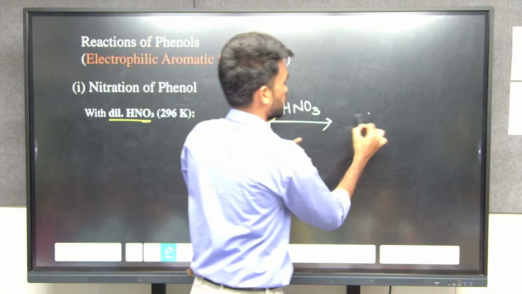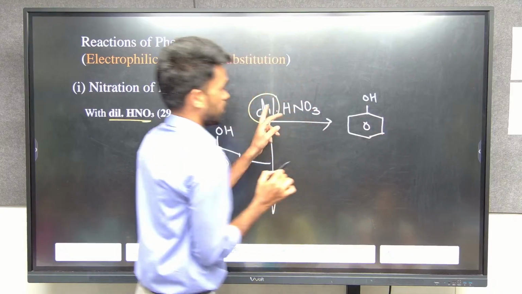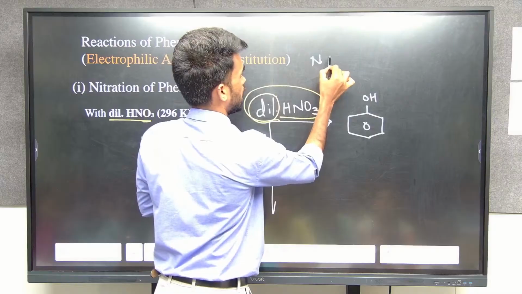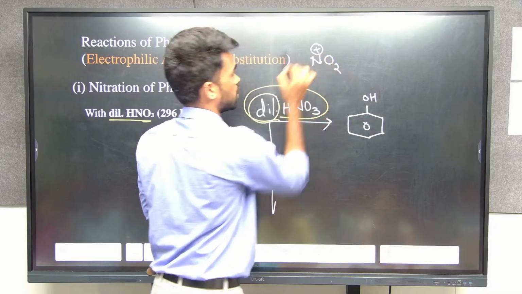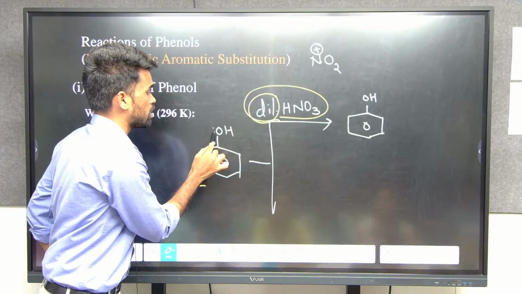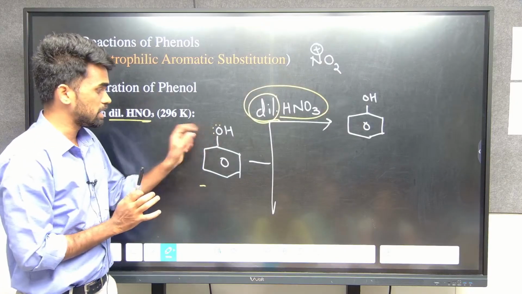So the product will be orthonitrophenol. From nitric acid you are going to get NO2+ as our electrophile. What is our electrophile here? NO2+. Just tell me, does the OH group on the benzene ring activate or deactivate the ring? Activating the ring. At which positions?